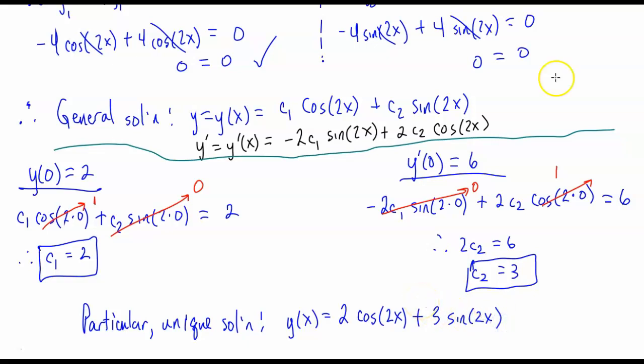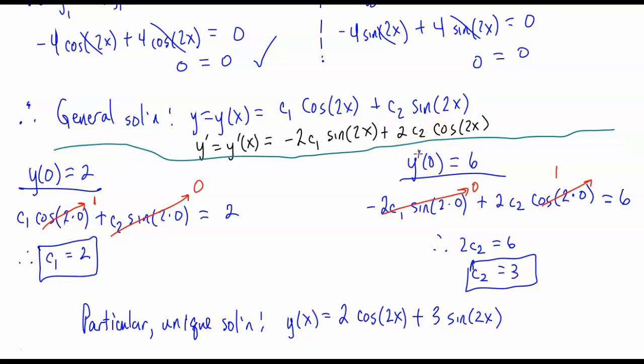Okay. Now, this is a particular solution because we know what C1 and C2 actually end up being. It is a unique solution because this will be the only solution to our differential equation that will have both this property and that property at the same time.